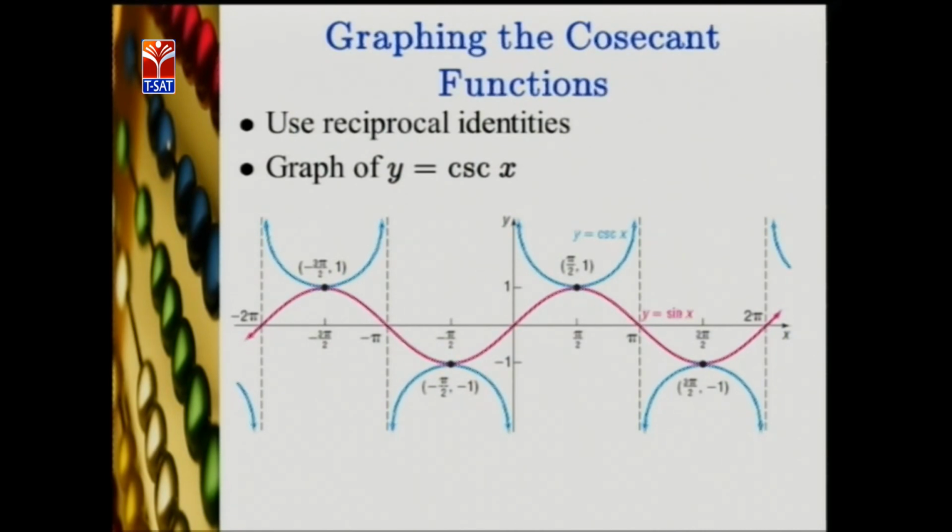In all these graphs we can get the range and domain by observing the graph. But in this cosecant function there is a confusion. I will clear your confusion. Here, this red line indicates the graph of the sine function.